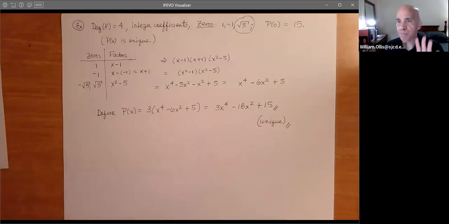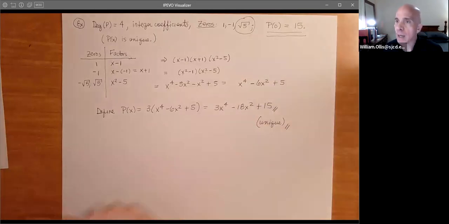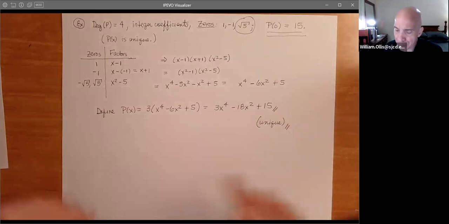Zeros, we just take the factor theorem, need that factor, need this factor, need this factor, done. Get a nice monic polynomial. But then, of course, when you start specifying particular values other than the zeros, that's where you introduce the uniqueness.